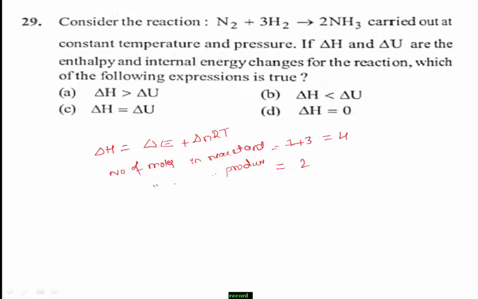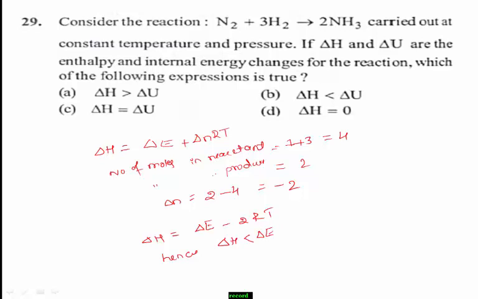Then calculate the value of delta n, number of moles of gaseous product minus number of moles of gaseous reactants. So I write 2 minus 4, it is equal to minus 2, right? Therefore delta H equal to delta E minus 2 RT. Hence delta H is less than delta E is the right answer.